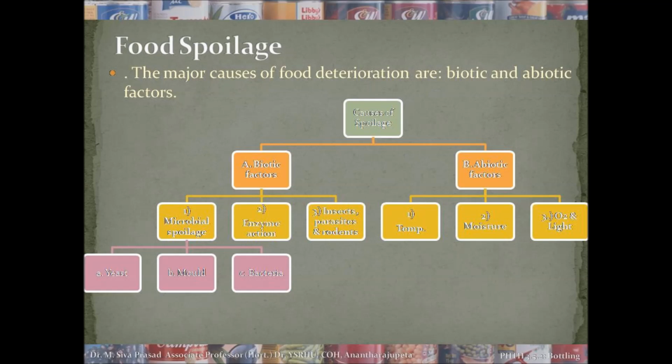So the causes of spoilage are broadly classified into biotic and abiotic factors. Biotic factors include microbes, enzymes, and insect pests, and the abiotic factors include temperature, moisture, oxygen and light.